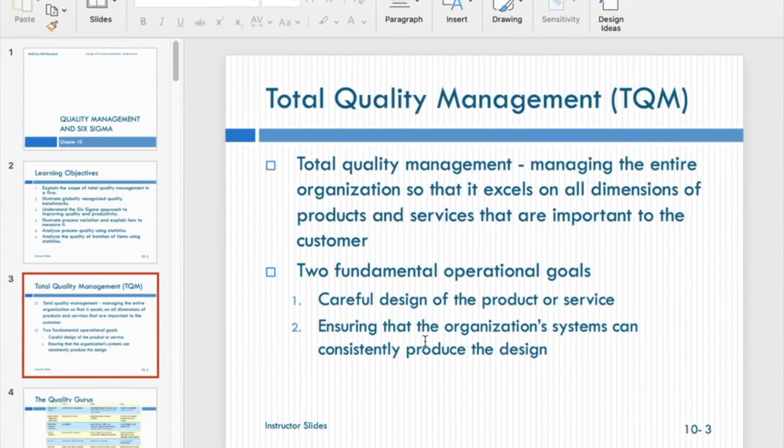But no matter whether it's a product or a service, the reason we are trying to have better quality management is to fit customer needs. That's why we're trying to manage all dimensions of products and services in order to better fit customer needs. That's the key insight of quality management.